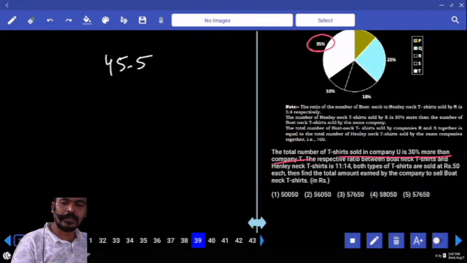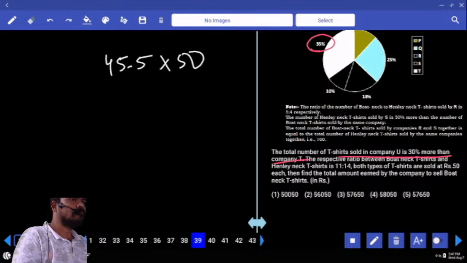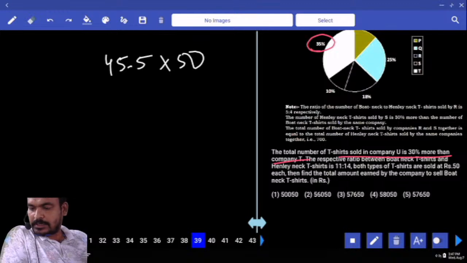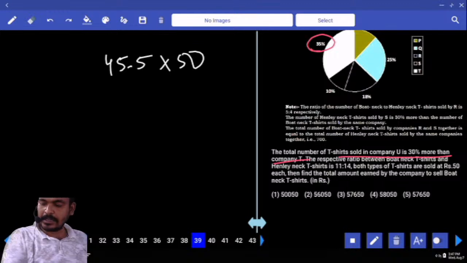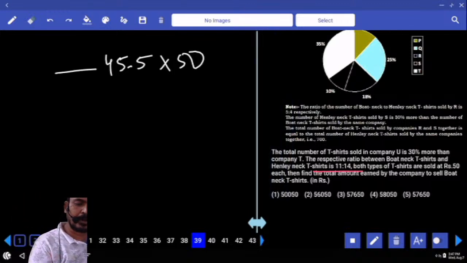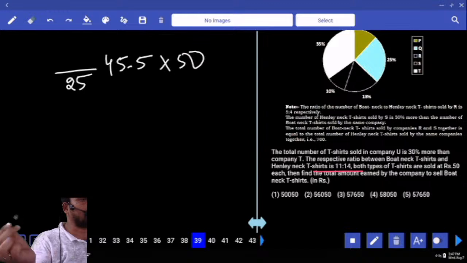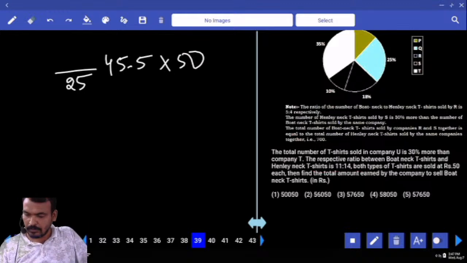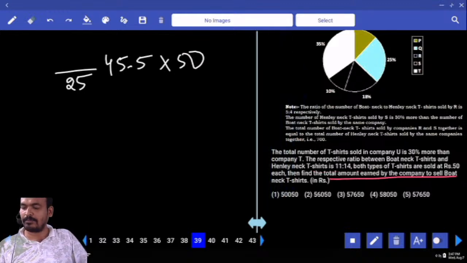Total how much? 45.5. Multiplied by which one? 50. That is the total number of shirts sold. And it is split into which ratio? 11 is to 14. Together how many parts? 25 parts. The question is to find the total amount earned by the company to sell boat neck t-shirts.